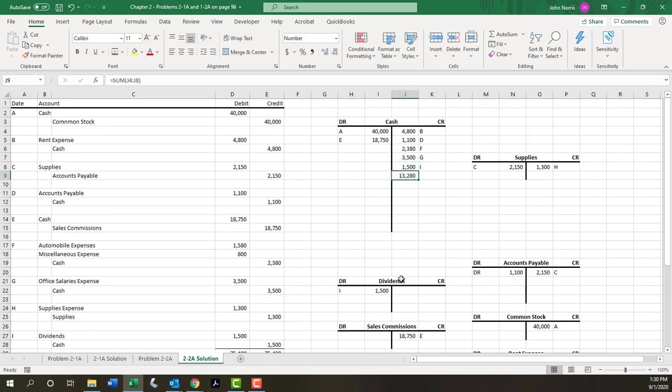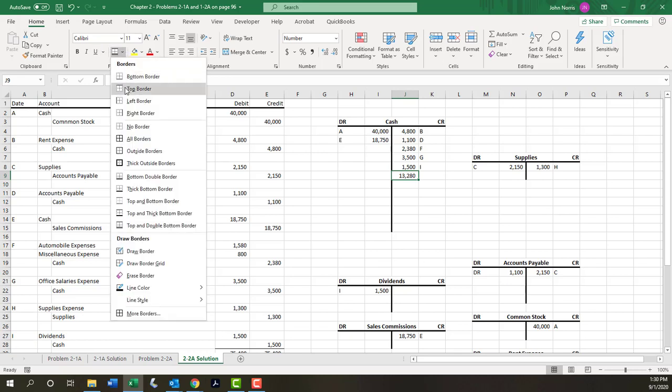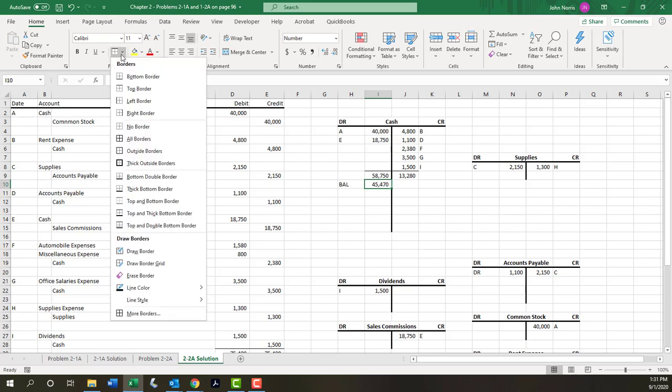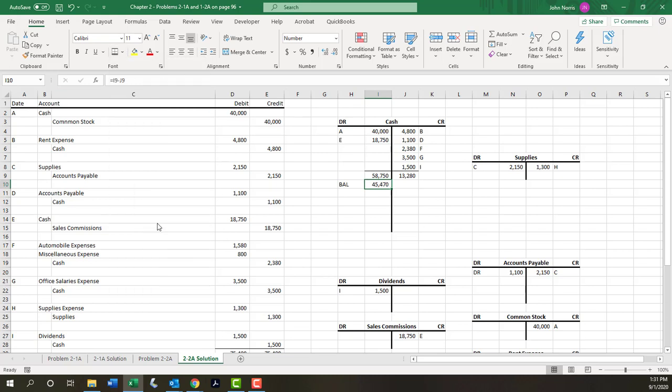Totaling up the cash credits and the debits, we get a balance in cash equal to $45,470.